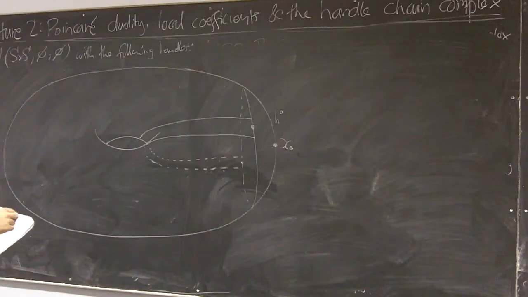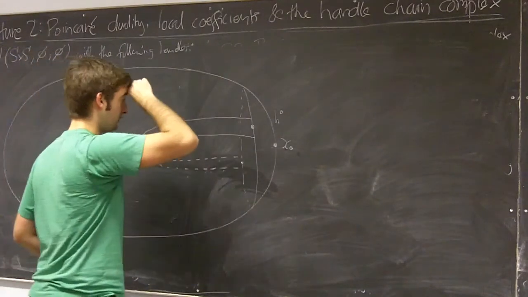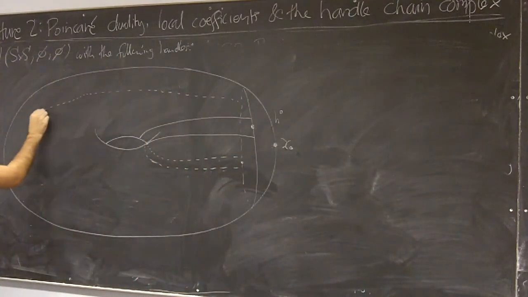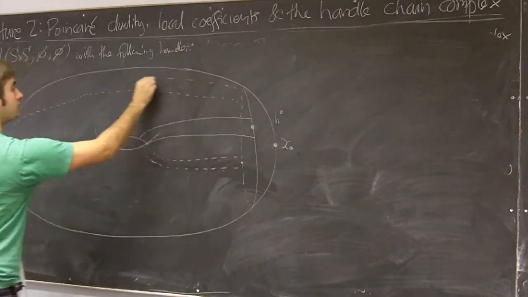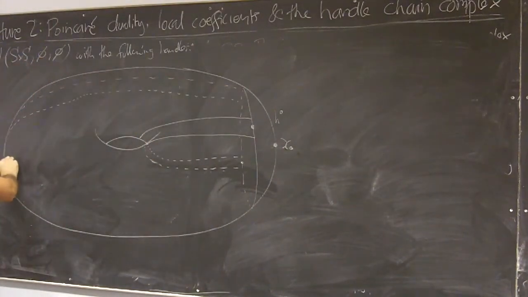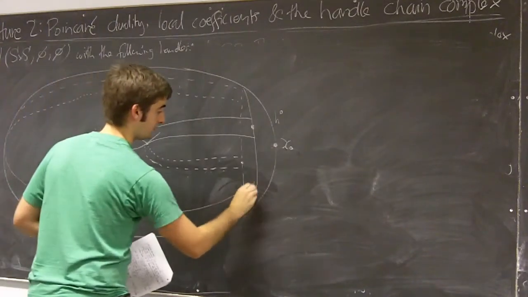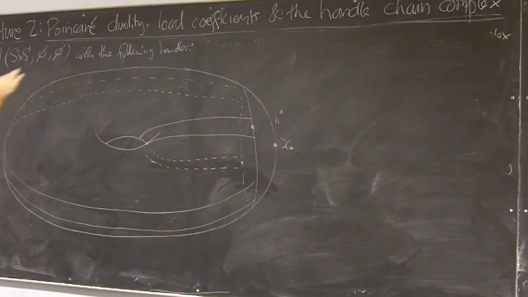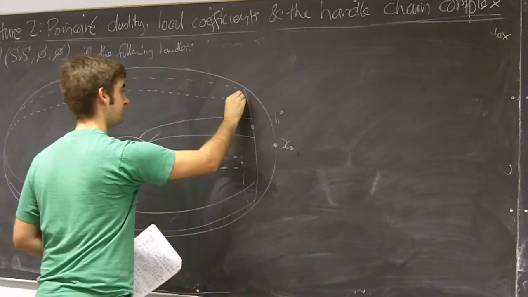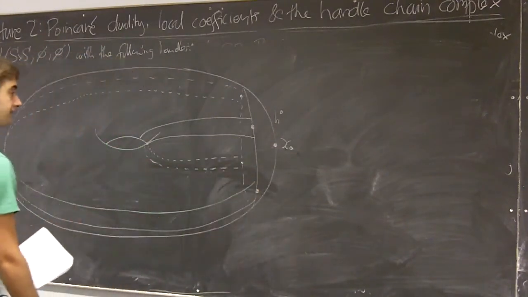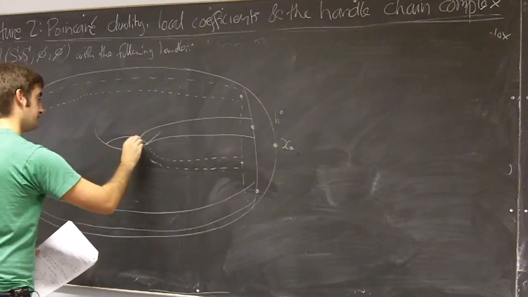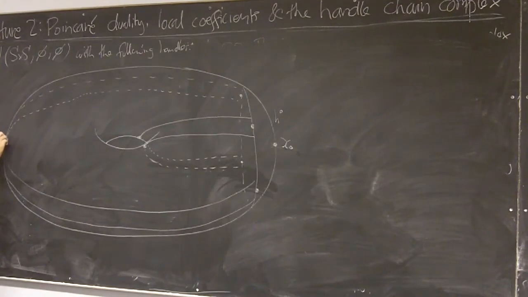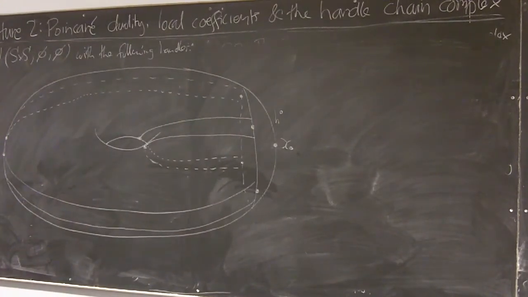Then we also have another 1 handle attached, so first round the back, and then round the front, like this. So it goes all the way over that end, and this is attached at these 2 points. Incidentally, the belt spheres of the two are S0 here and here, and there's an S0 not very visible, say here and here. It's the belt sphere.